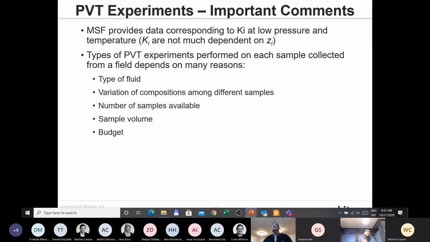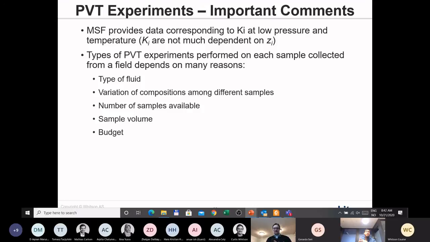So if you have samples with such a wide range of compositions, then even if you just do a CCE experiment on each of those, and if the CCE experiment is done very accurately on each of those well stream compositions, you would already have a very wide range of pressure, temperature, and composition space.